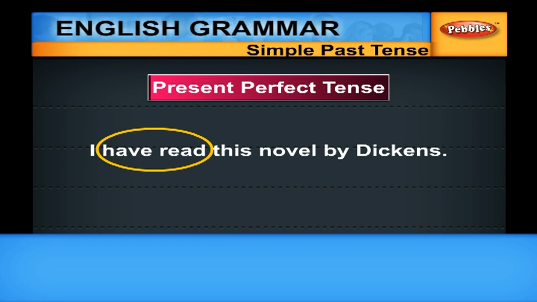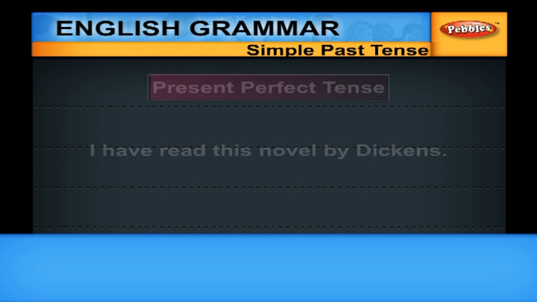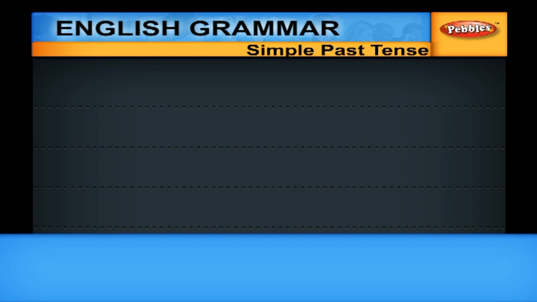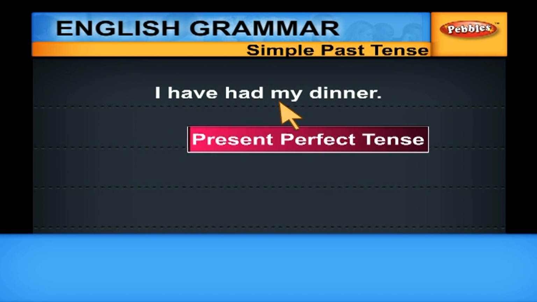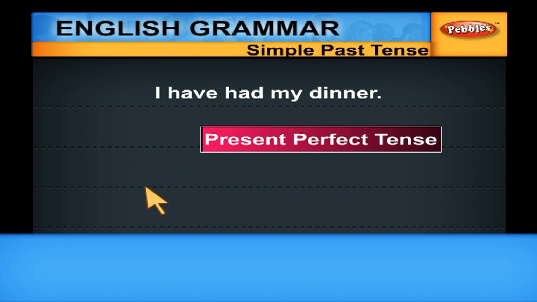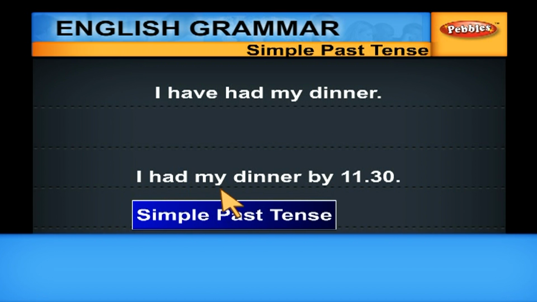Because you have seen, present perfect tense is equal to have or has plus past participle VEN. You can understand this by these examples. Never mind. I've had my dinner, which is in present perfect tense. I had my dinner by 11:30. It is in simple past tense.